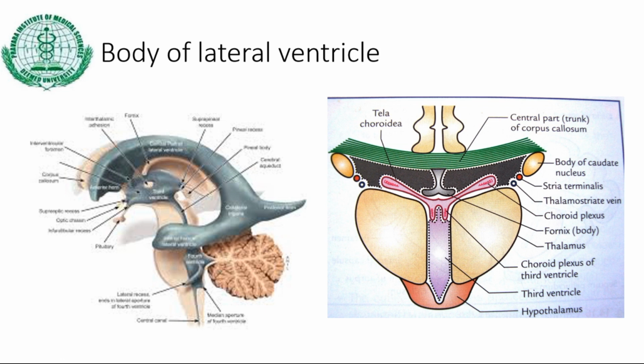The surface of each plexus is lined by a membrane formed by fusion of the ventricular ependyma and the pia mater of the tela choroidea. So this is for the body of the lateral ventricle and its relations.